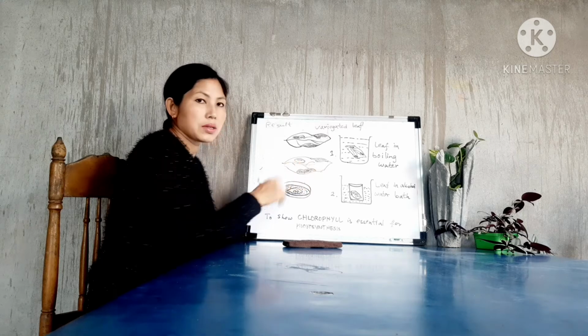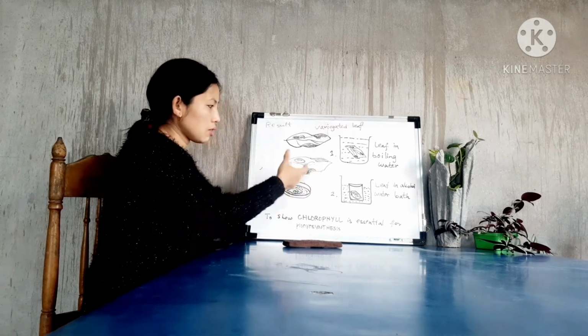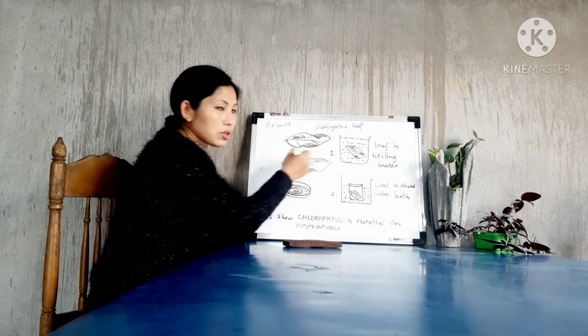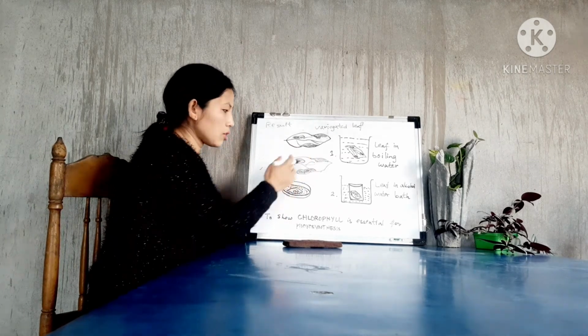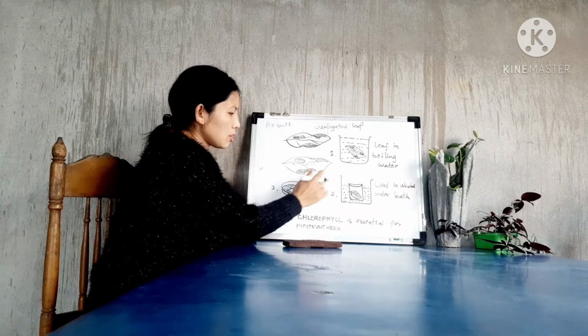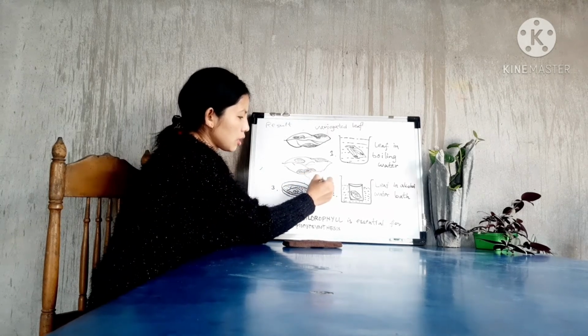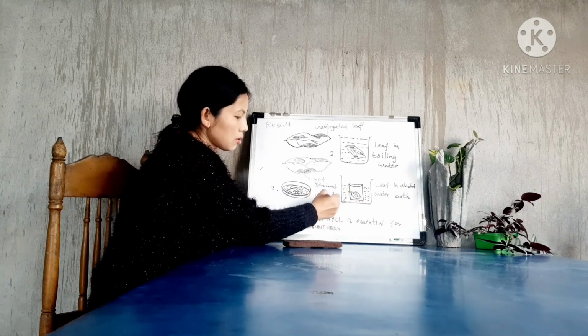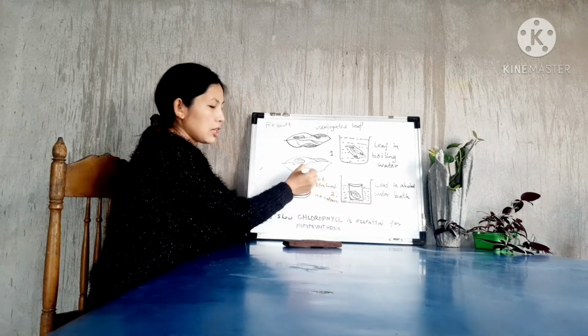After dipping them in the iodine solution for some time, we observe and find that the area which was non-green earlier was not stained with blue color. These were not stained, or you can say there is no color in this area.